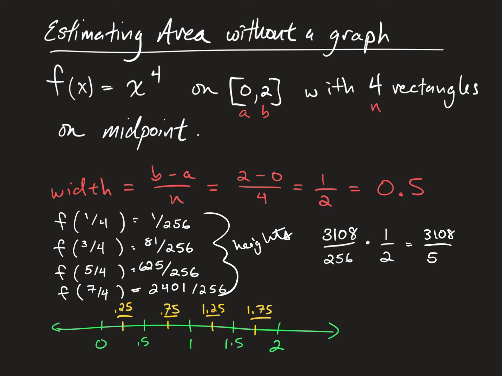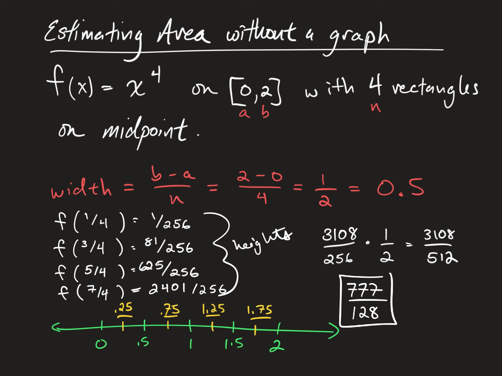and this will give you 3108 divided by 512. And from here, based on what the problem is asking you to do, round it to the nearest hundredth or thousandth or whatever, or write it as a fraction in simplest form. You can do either of those things. So in simplest form, you can divide both the numerator and denominator by 4, or factor out a 4 from the numerator and denominator and cancel them, and you'll end up with 777 over 128.